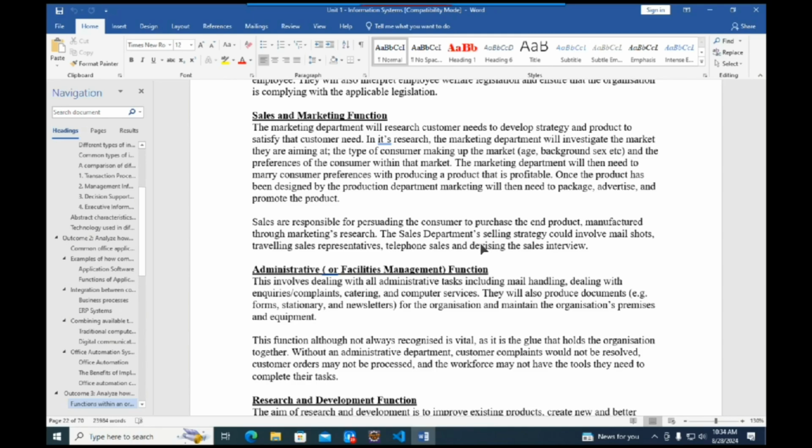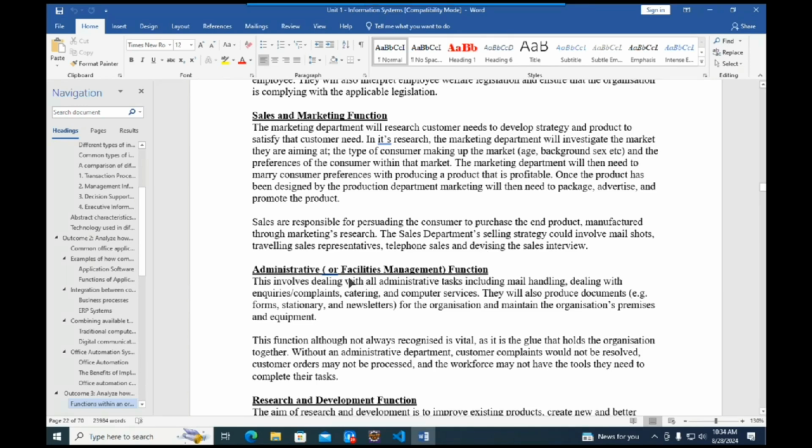Their work is to talk to customers and persuade them to buy the end products that are manufactured through marketing and research. Then we have the sales department, which comes in with the selling strategy that is going to involve mail shots, traveling sales representatives, telephone sales, devising the sales interview, etc.